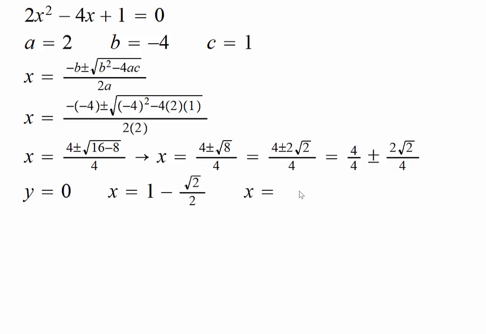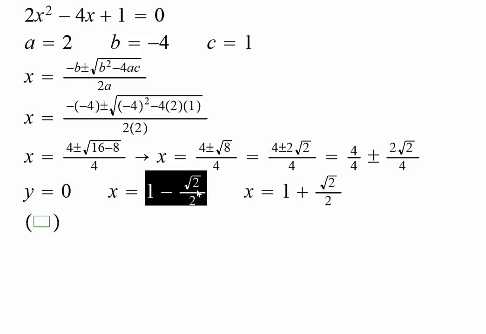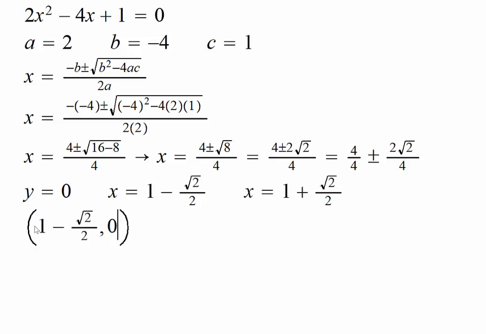All right, so if we write exact values of those coordinates of the x-intercepts, this is one intercept, and this is another intercept. We can verify our answers with a graphing calculator.